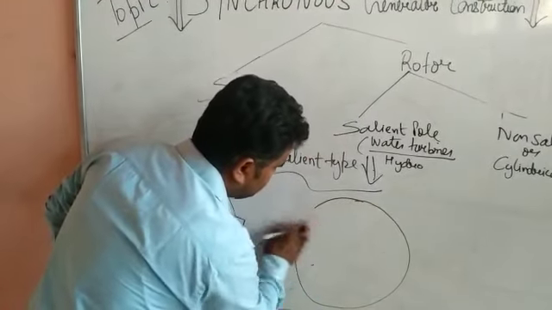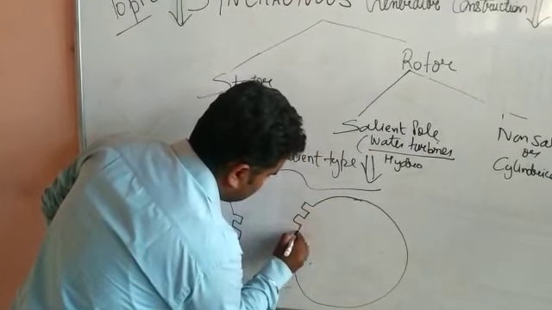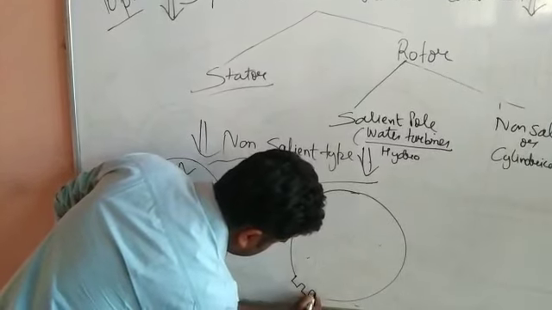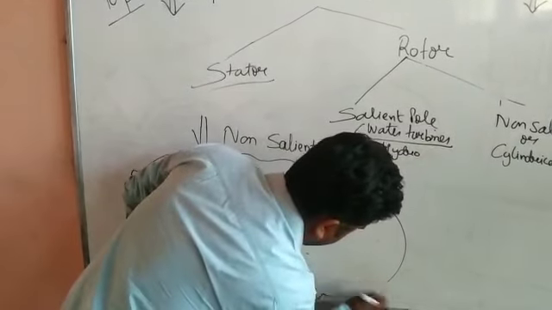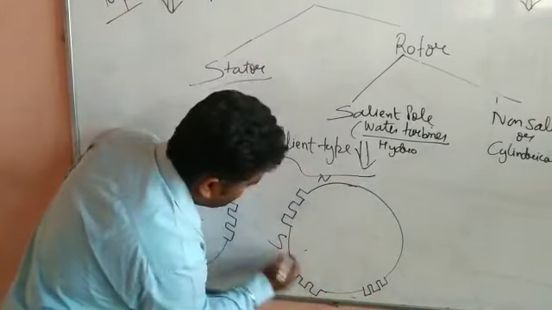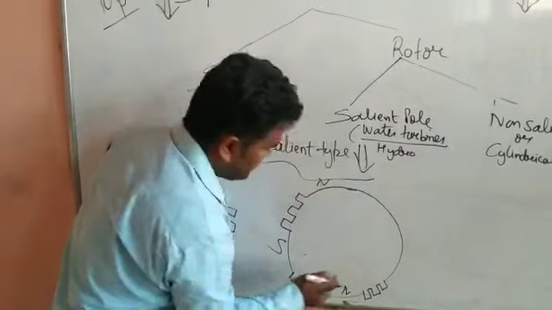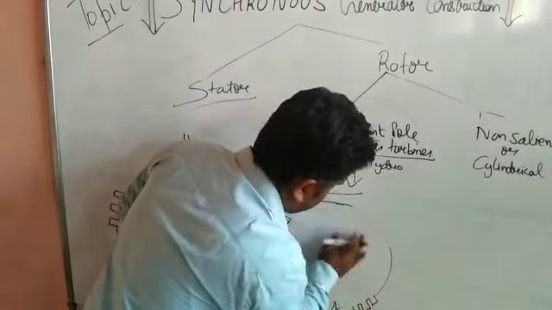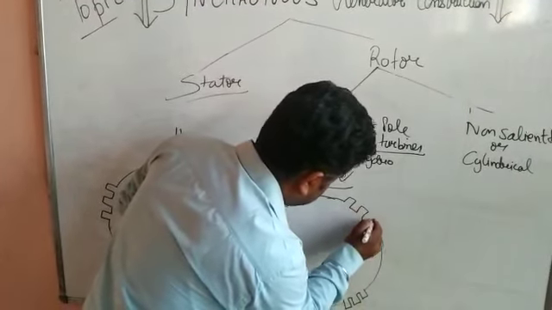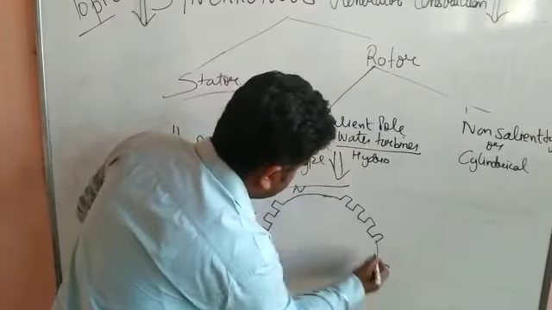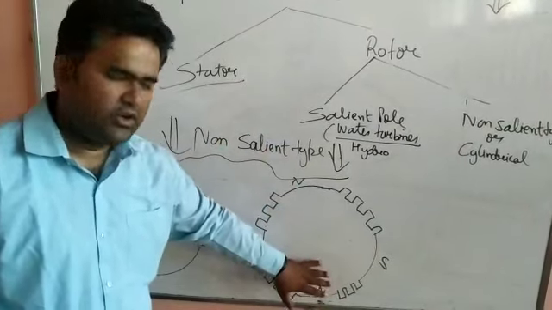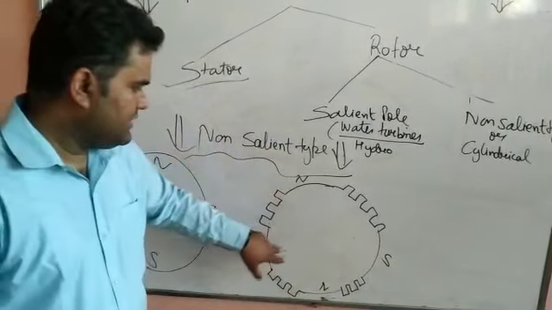I am drawing. Done. This is north, south, this is north pole again, and this is south pole. So it is 4-pole type. Again the winding is distributed uniformly. This is non-salient pole type.